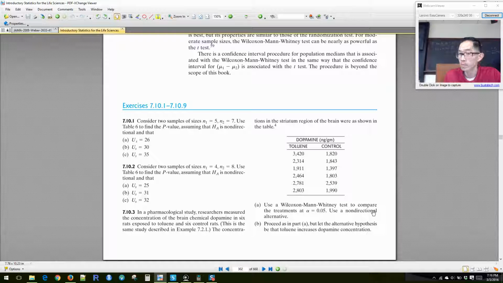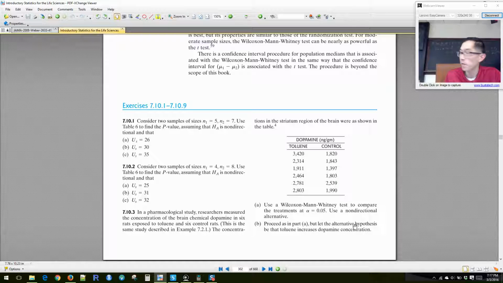Okay, if I'm understanding the question correctly, you're asking what would our hypotheses be if they were non-directional, and what would they be if they asked for a directional test? No, I understand that. I think I answered my own question. If it were going the other direction, if it were toluene decreases dopamine concentration.